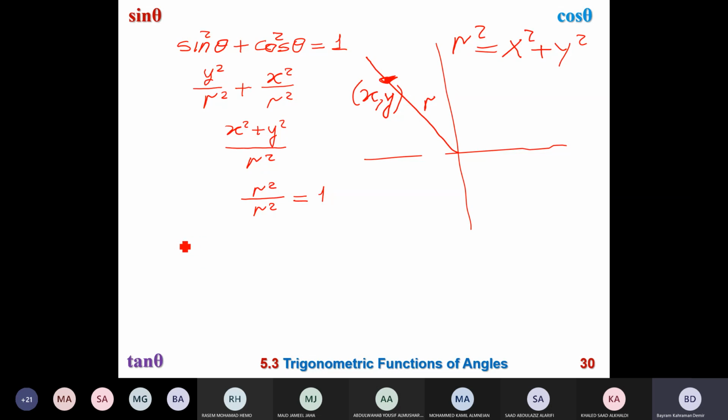So now we know that sine square of theta plus cosine square of theta is 1. This is now a rule. Let me divide both sides by sine square.